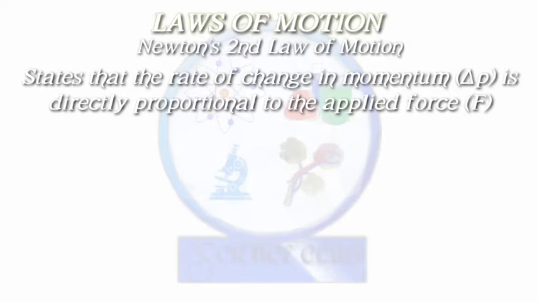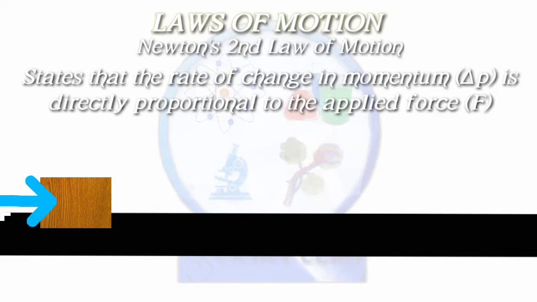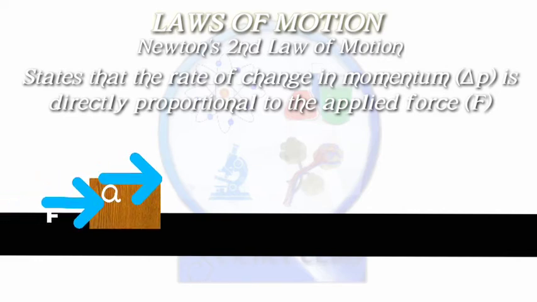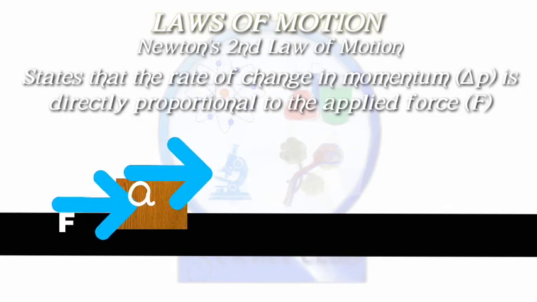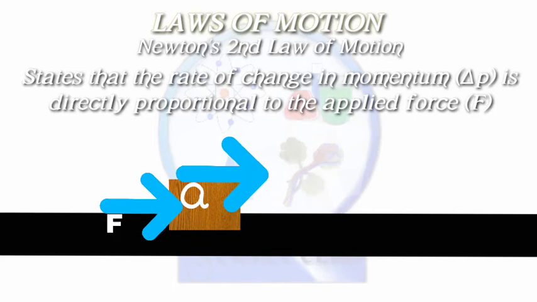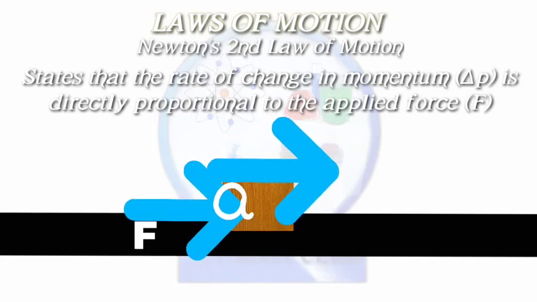Imagine you perform an experiment in which you push a block of mass m across a frictionless horizontal surface. When you exert some horizontal force on the block, it moves with some acceleration. If you double the force on the block, the experimental result shows that the acceleration of the block doubles. If you triple the force, the acceleration triples.